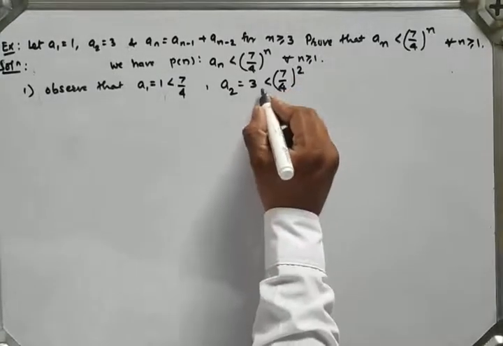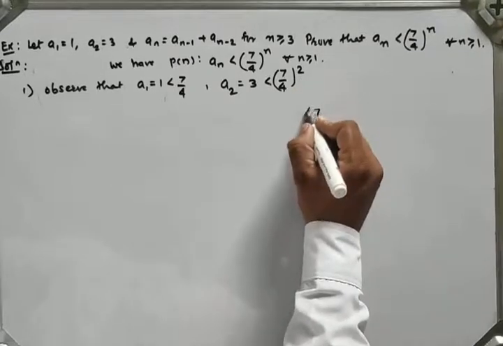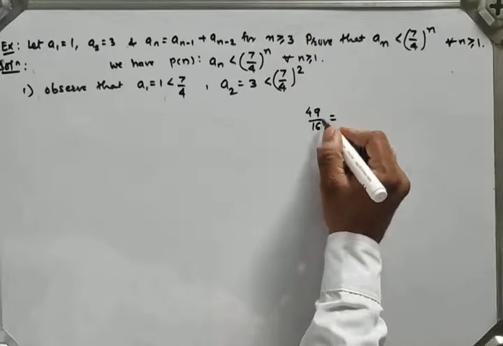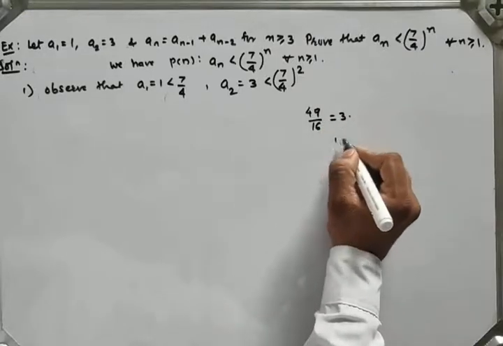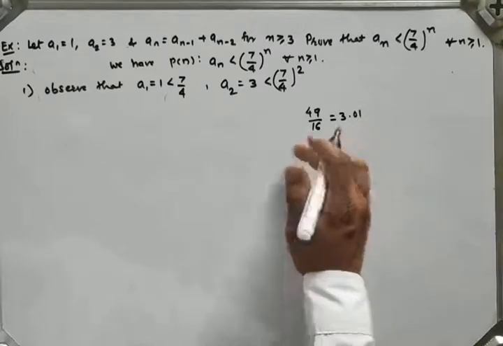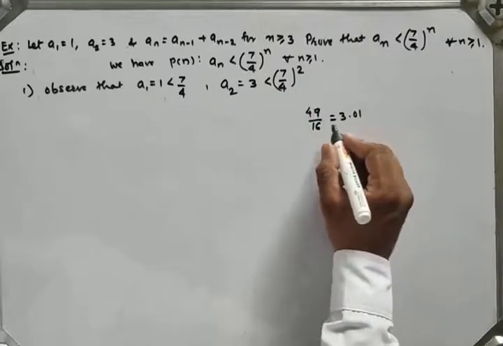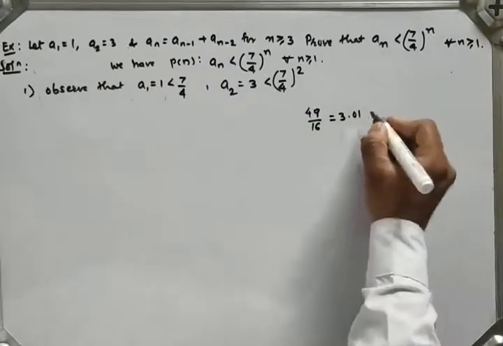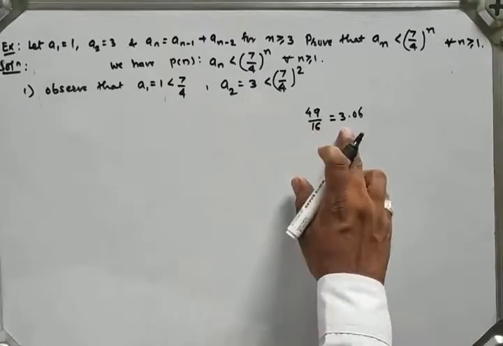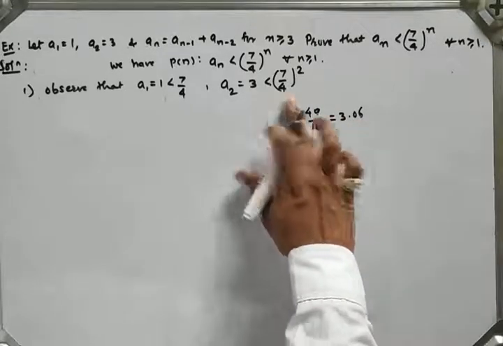Because here (7/4)^2 is nothing but 49/16, which is 3.06 something, right? So a_2 is 3, which is less than 3.06. So this statement is true, right?